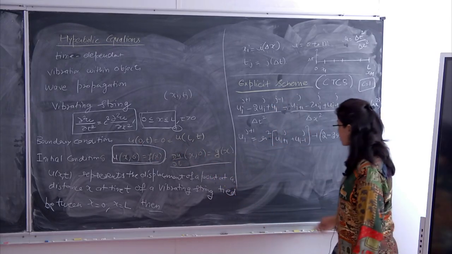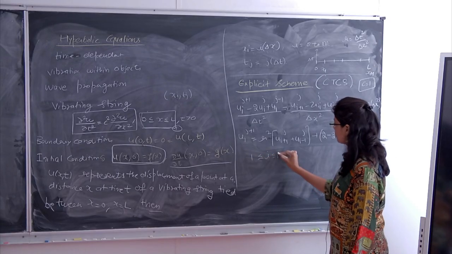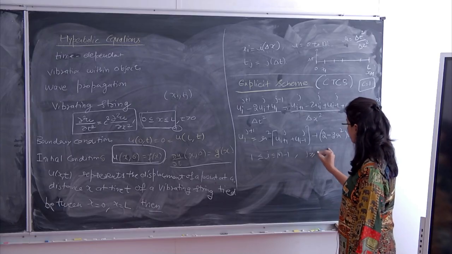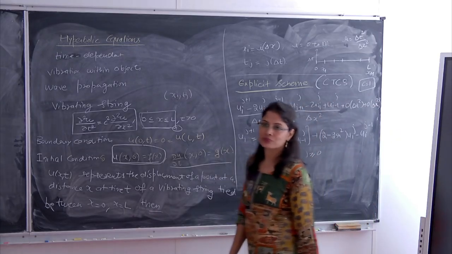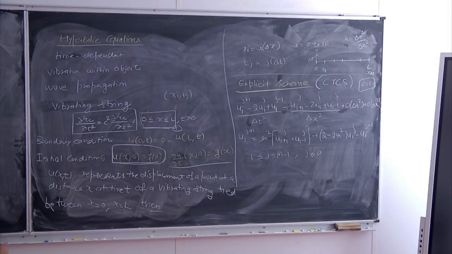So i is lying between 1 and m minus 1, and you can start j from greater than or equal to 0. So I can take these values and solve further.